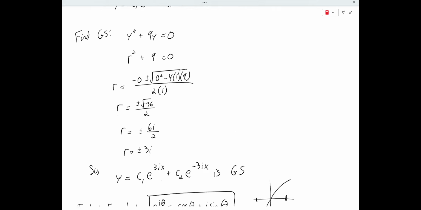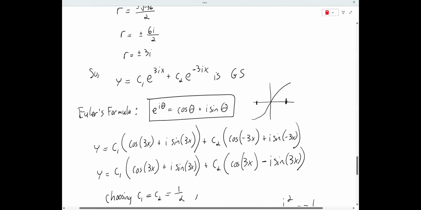Another way you could do it: you could say r squared equals negative 9, then take the square root on both sides and put a plus or minus in front. So you get r equals plus or minus 3i. That would be an alternative to using the formula.